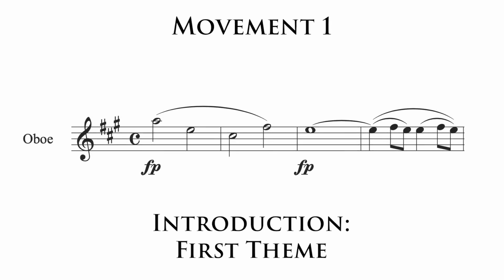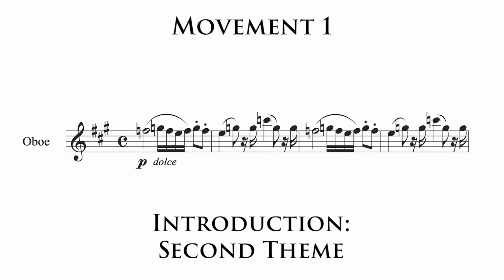Here is the first theme, the unfolding of the symphonic world. The second theme alternates with the first one twice, in distant keys.